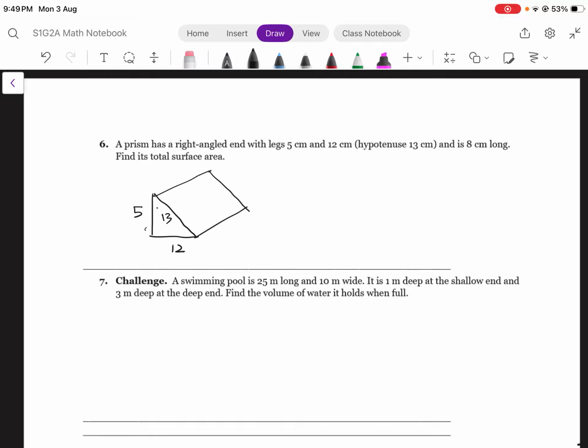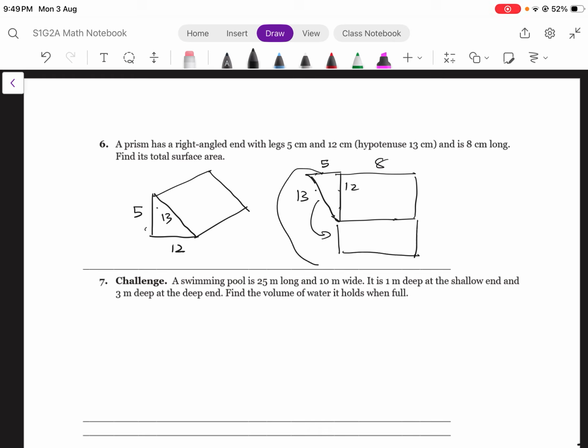So we open it up. Here, 5, 12, 13. Then we have this one, which is 8 cm long. So the three sides of the triangle should have 3 rectangles. So this one opens up here, and this one opens up here.